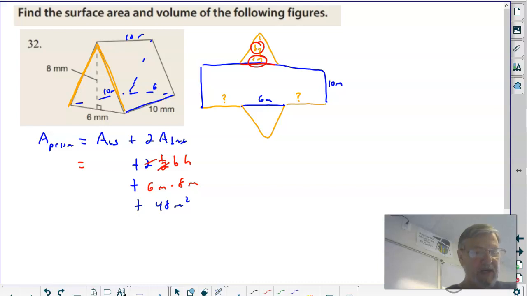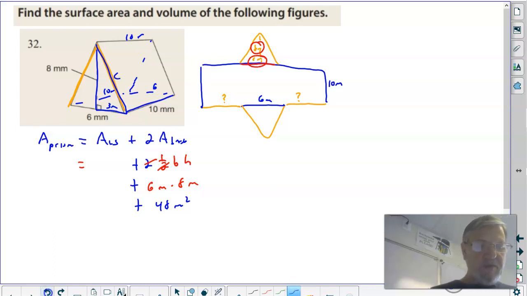I'm going to have to come up with a means of trying to figure out this value. So what I'm going to have to do is assume that this comes down to the center, and that this is 3 meters. So see this right triangle right here? I have 6, 8, and 3, and I'm looking for the hypotenuse here. I'm going to call it C, right?